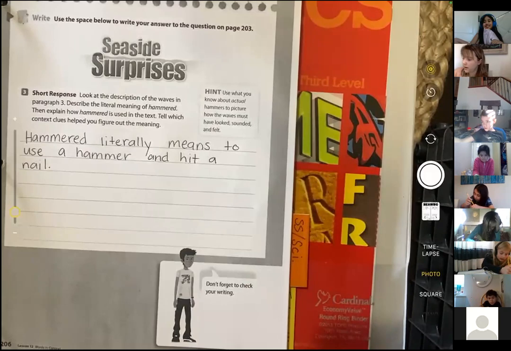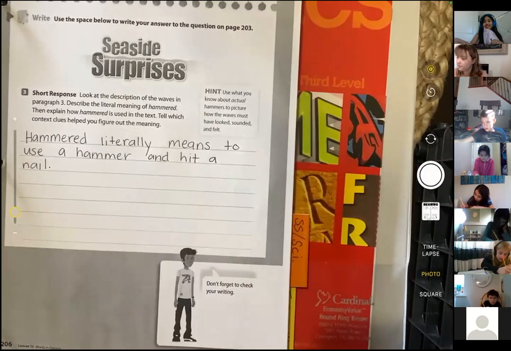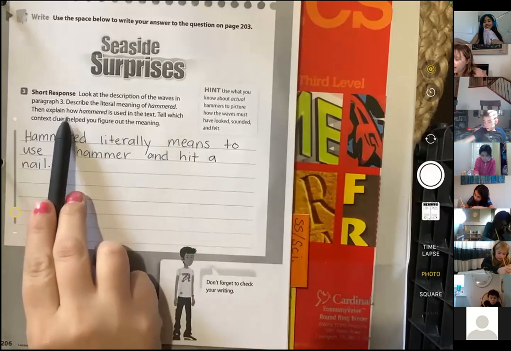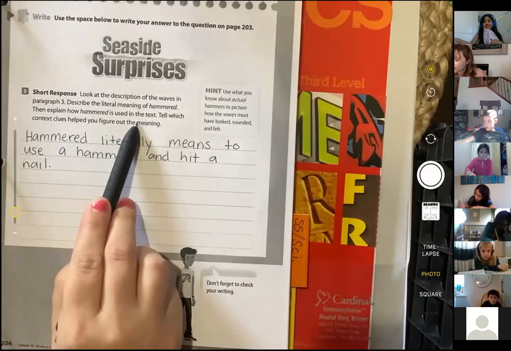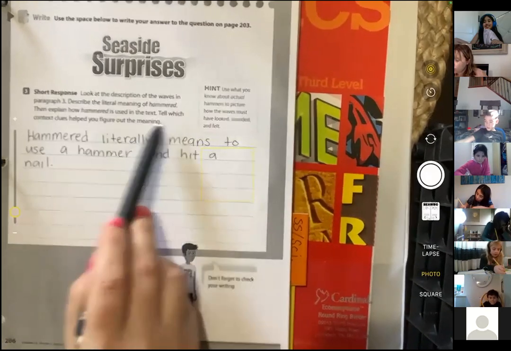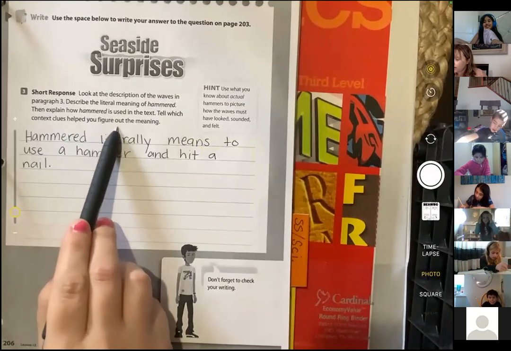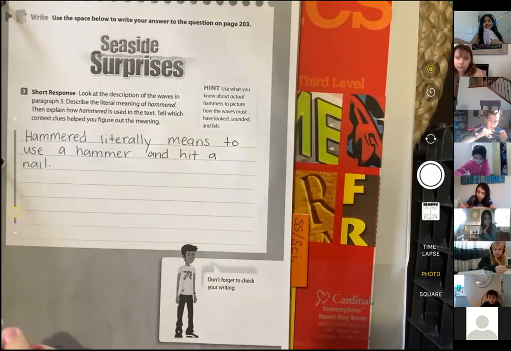Okay, then our next part, that's okay if you're still writing the first one. Explain how hammered is used in the text. Tell which context clues helped you figure out the meaning. Okay, so Ellie got it right on the nose there.